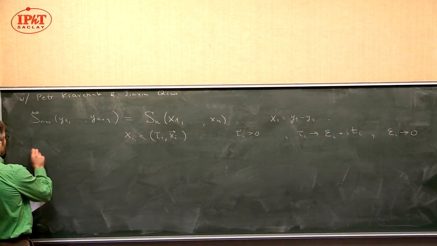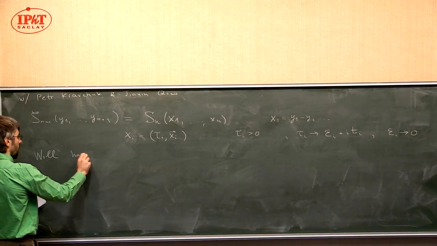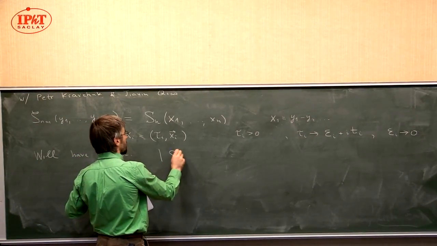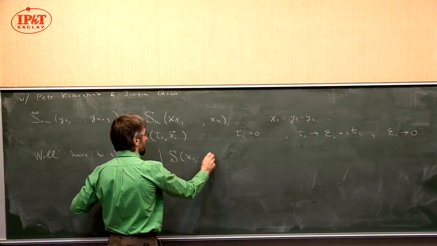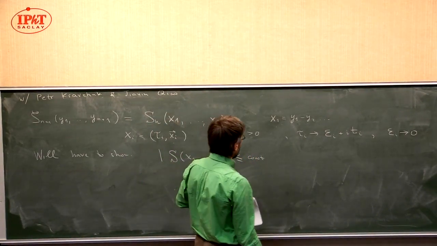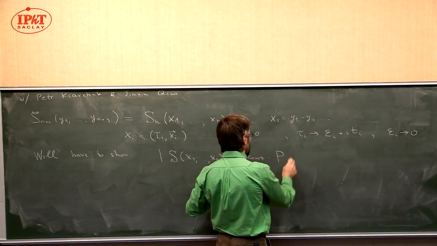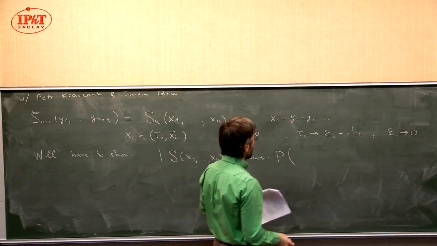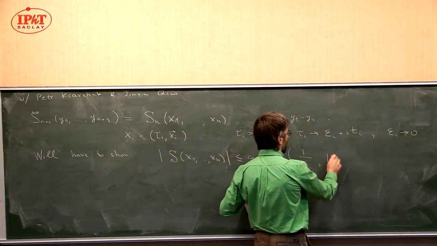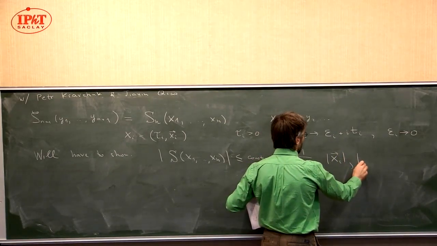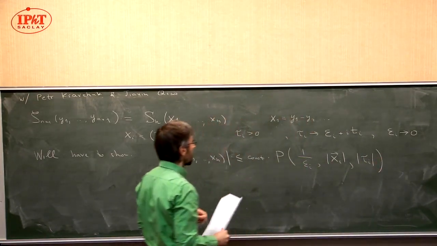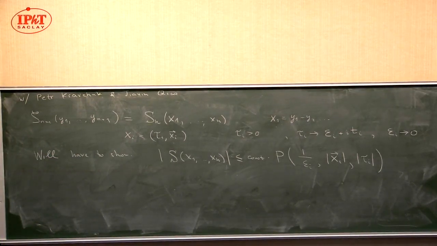We will have to show that after analytic continuation, there is the following bound: S of x1, ..., xn is bounded by some constant times some polynomial which can depend on what? It can depend on 1 over epsilon_i, and it can depend on the spatial coordinates, so on x_i, and also the absolute values of analytically continued times. So suppose that we manage to show this bound.